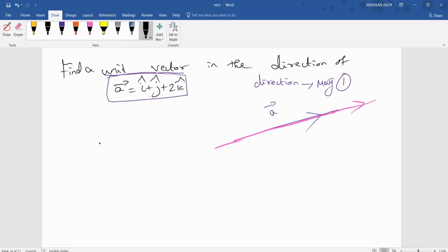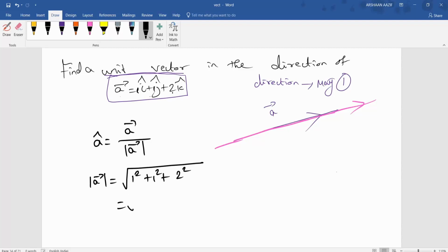Now we know the formula for unit vector. A cap is equal to A vector by modulus of A vector. So to find modulus of a vector, we should find it using the formula root of my x component is 1, y component is 1, z component is 2. 1 square plus 1 square plus 2 square, which is root of 1 plus 1 plus 4, root 6.